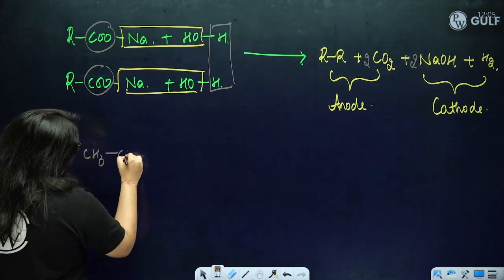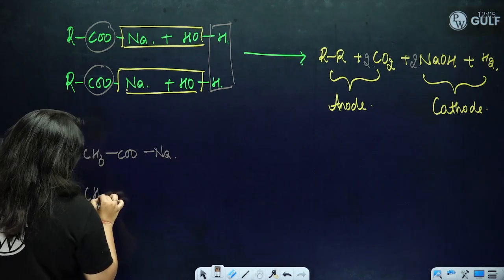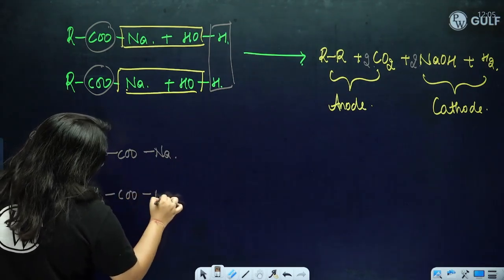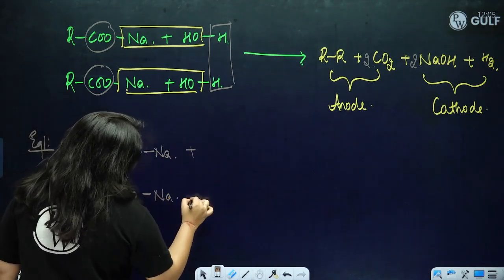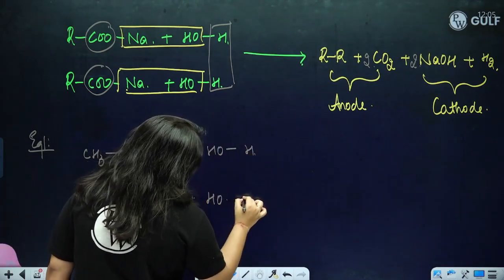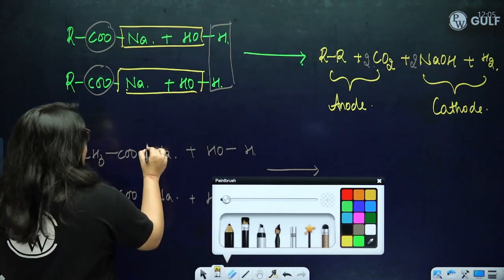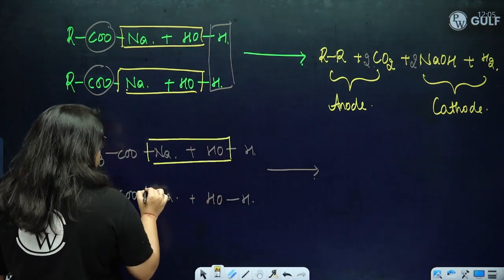You can take the example of CH3COONa, two molecules of CH3COONa, treated with water. Upon electrolysis, this is how the bond is breaking.